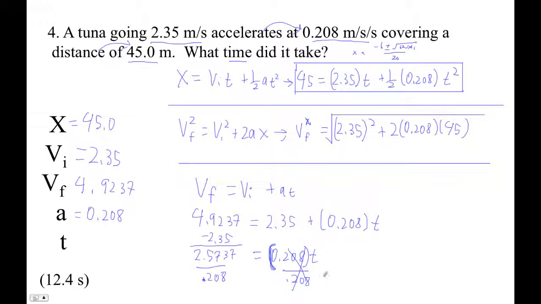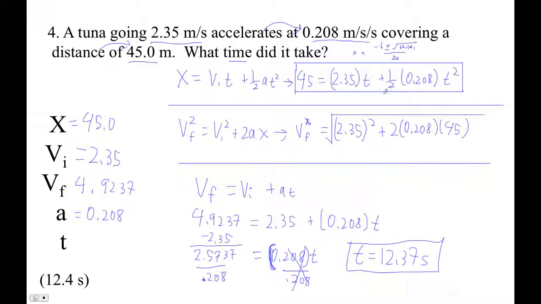And then this, of course, is going to go the way of the bison. So that divided by 0.208, 12.37. T is equal to 12.37 seconds.